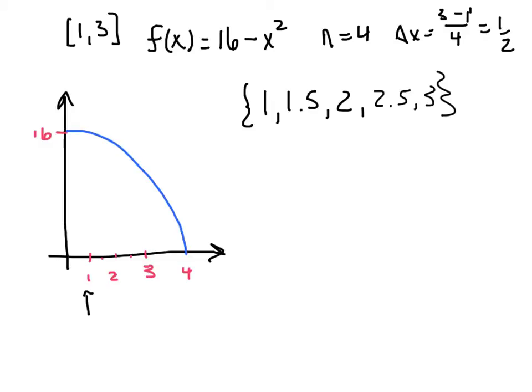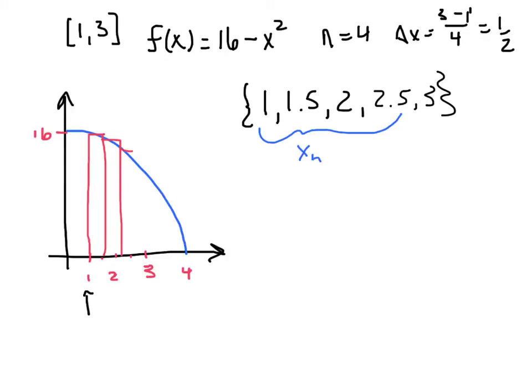Since we are using the left-hand endpoints, our x sub n's are just going to be these 4 values here: 1, 1.5, 2, and 2.5. We won't use the 3 because that's a right-hand endpoint to our rectangle. See, our rectangles are going to look like this. We're going to use the left-hand side, so we draw that rectangle. We draw that rectangle.